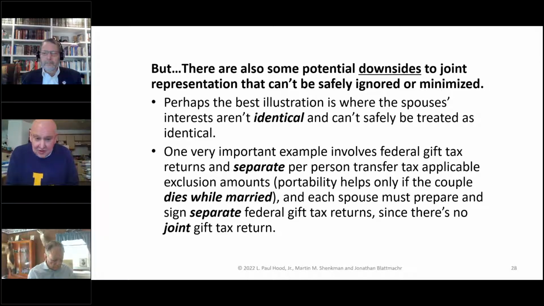Mr. Smaldino's gift tax return got audited, and then 7 or 8 years after the return was filed, the tax court said, well, the gift didn't really come from Mrs. Smaldino, it came from Mr. Smaldino. And then the question becomes, what happened to Mrs. Smaldino's applicable exclusion amount? There's no procedural way to fix it, and it's too late. So then you have a big problem.